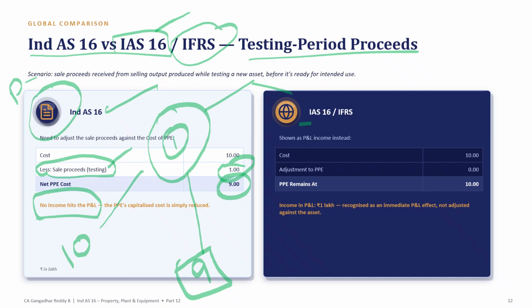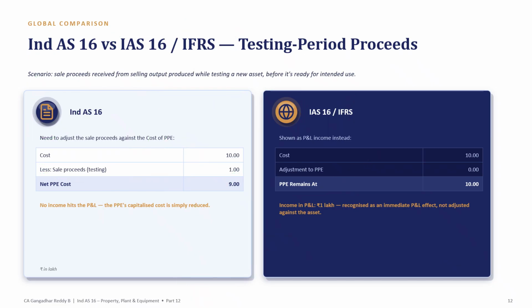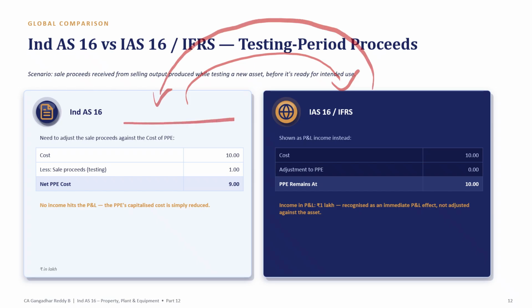But in IAS 16 or IFRS, they didn't consider this 1 lakh as a reduction. They took it directly to income, and they show PPE remaining at 10 lakh. This is the difference between Ind AS 16 and the international standards. If you follow US accounting or similar, this is the main difference between Ind AS 16 and IFRS. So suppose your company's parent looks at USA related results, this would be helpful for you.